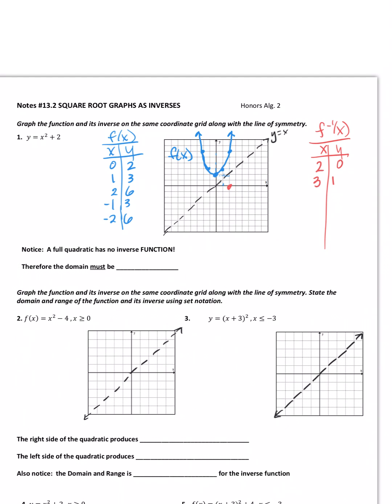And then 2, 6 flip-flops to 6, 2. And then 3, negative 1, and 6, negative 2. So they just follow that line of symmetry, but this time it's just going sideways.